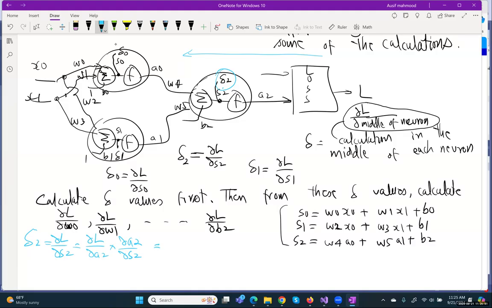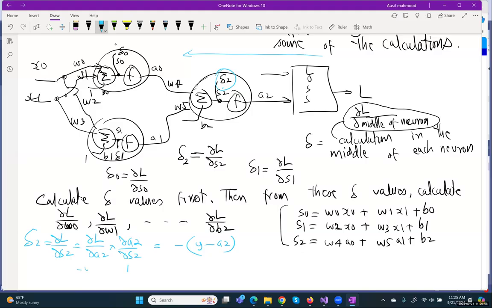So what is this equal to? Minus y minus A2. You guys agree? Because see, this is 1, right?